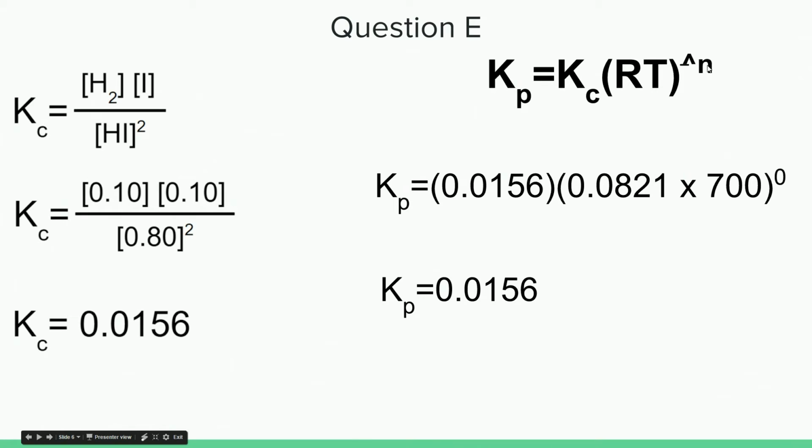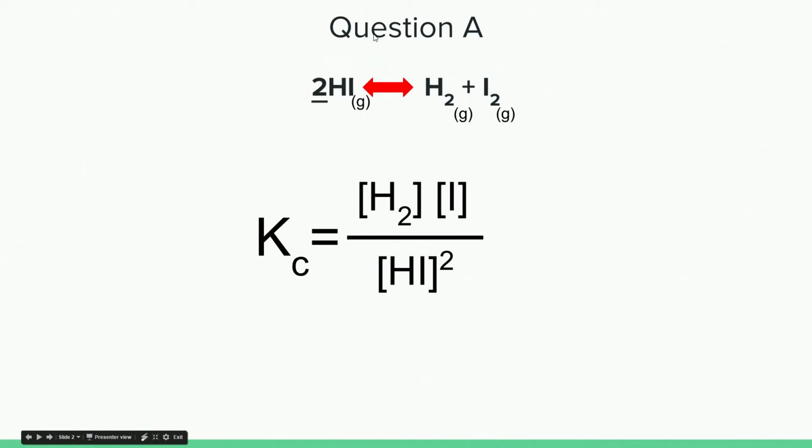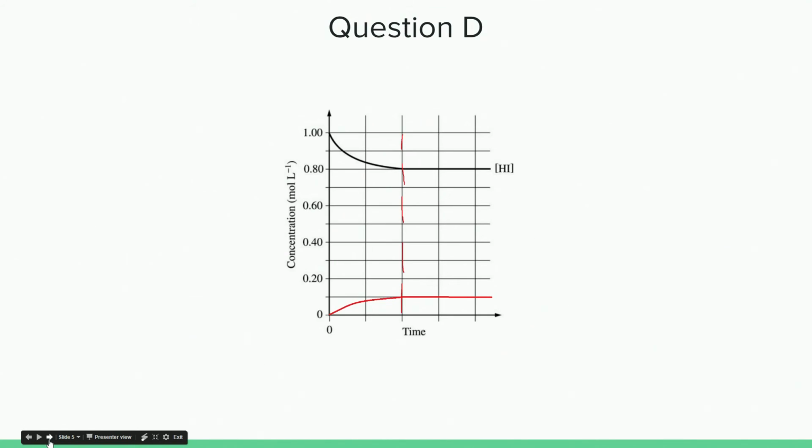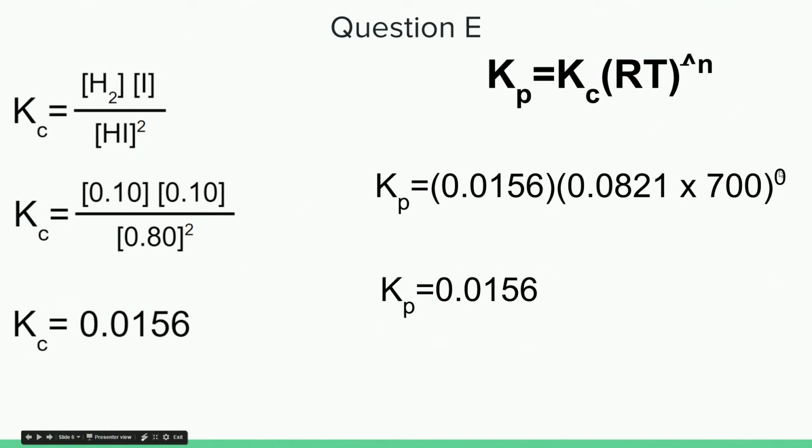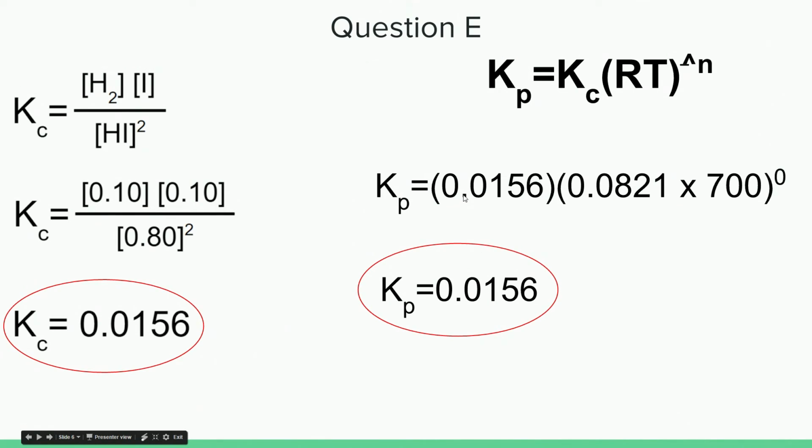And delta n is the change in moles from products to reactants. But in the beginning, on the reactant side, you have 2 moles, and on the product side, you have 2 moles. So there was no change in the number of moles, so that will be 0. So we can just cross that out, and it'll just be 0.0156, same as the Kc value.